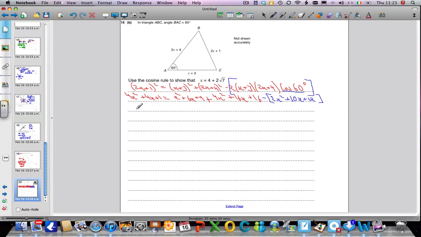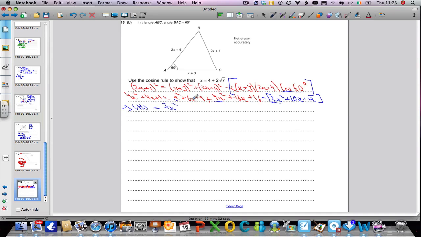Right, so now that we've done that, I'm going to leave my left hand side alone. So the left hand side, LHS, must be equal to, and let's tidy up everything in here. x squared plus 4x squared is 5x squared. 5x squared take away 2x squared is 3x squared. I'm going to tick those off as I do them.